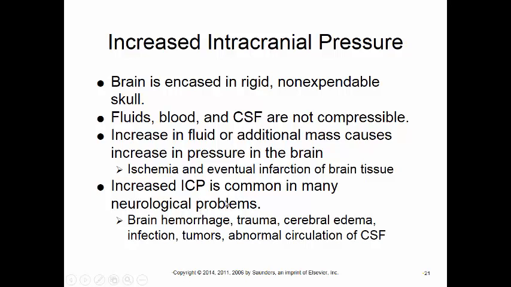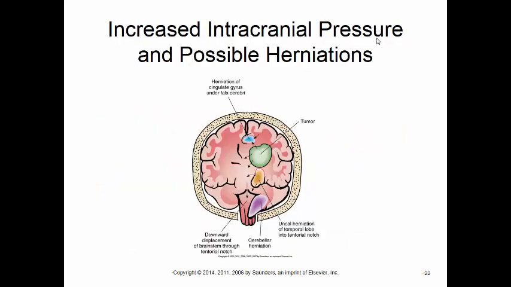With increased cranial pressure, a lot of problems such as brain hemorrhage, trauma, cerebral edema, infections, tumors, and abnormal circulation can end up with the same increased intracranial pressure and have very similar overall signs and symptoms. Okay, and you can see here's just some different types. There's herniations that can cause pressure to increase, and tumors. There are different herniations that can increase the pressure.